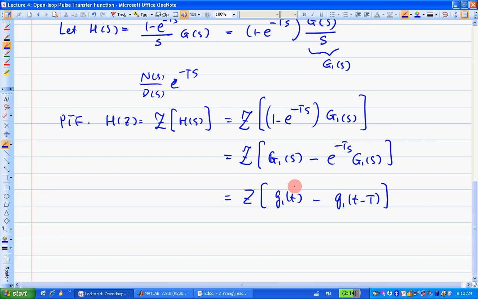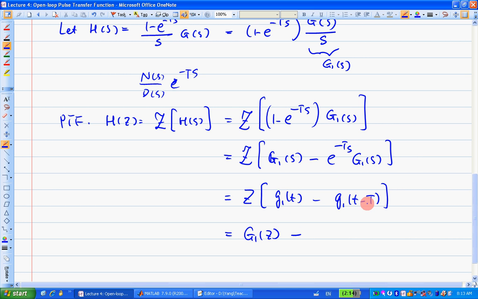And then for the Z transform of this and that, the process is you discretize: you sample this or that, and you take the Z transform. Suppose you do that process, you get this G1 of Z corresponding to this G1 of t.